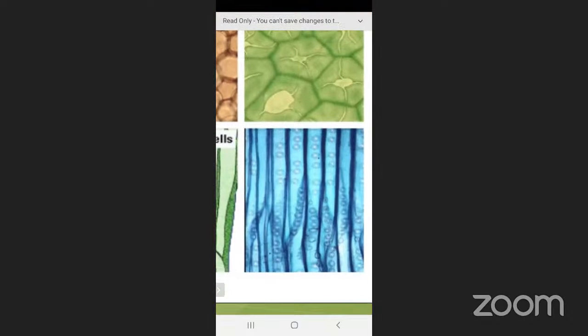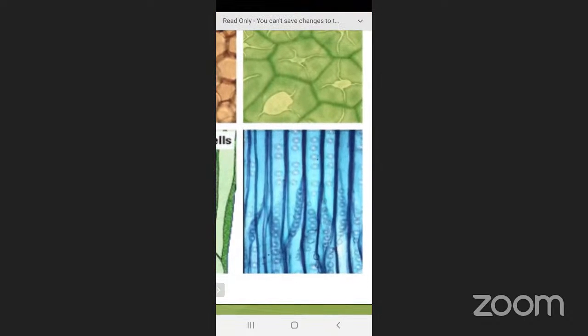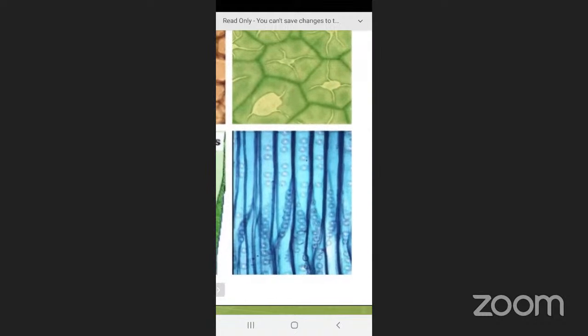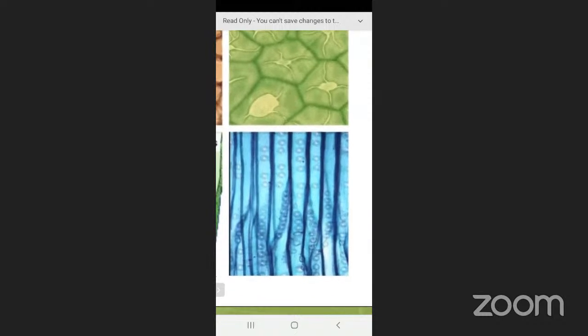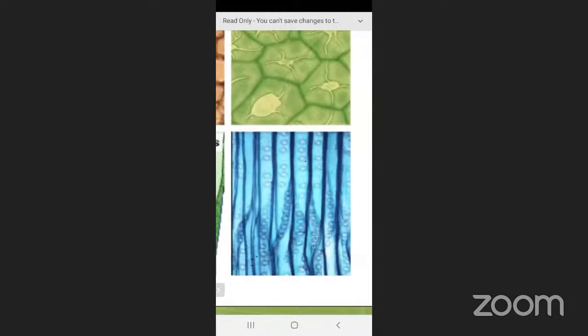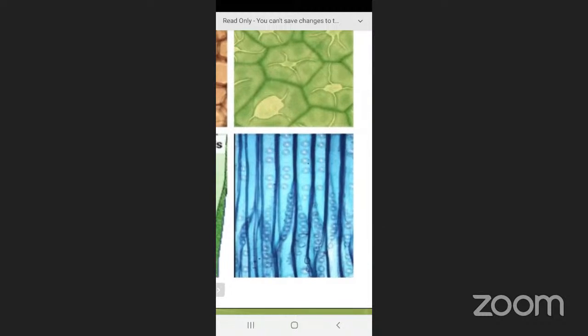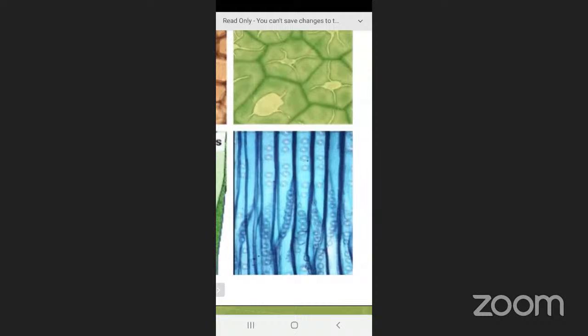So when compared with dermal tissue, the ground tissue is of various types, and some of the ground tissues help in photosynthesis because they consist of chloroplasts, chlorophyll.